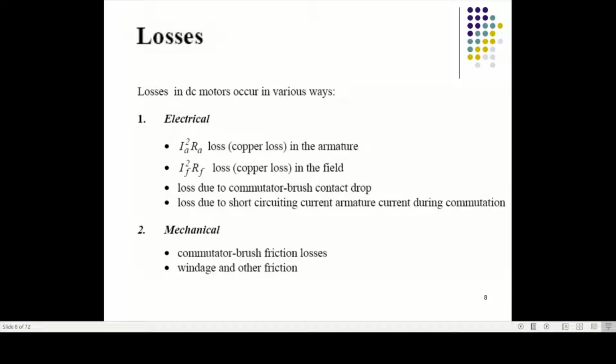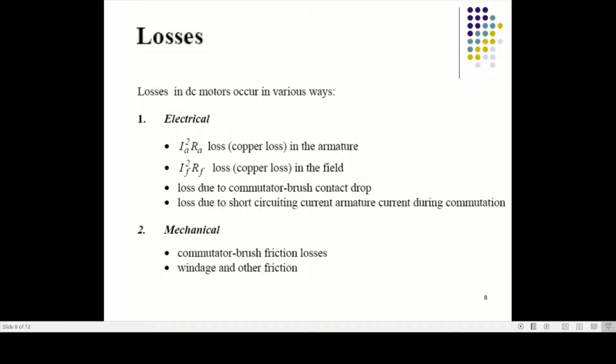Means that we represent the winding as a resistor. And in a DC machine, there are only 2 windings, armature and field winding. Thus, copper losses are categorized in 3 parts: armature loss, the field winding loss, and brush contact resistance loss. The copper losses are proportional to the square of the current flowing through the winding.